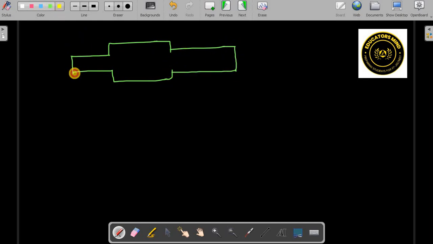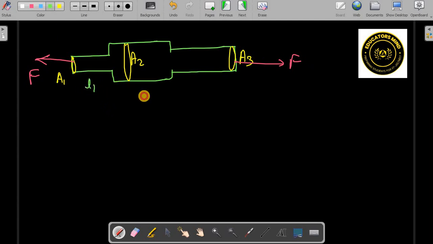Okay, so let's say this cross section is A1, this cross section is A2, this cross section is A3. Different cross sections are there, and you have applied some force, some load or some force is applied. Some elongation will happen, and let's say its length is L1, this length is L2, this length is L3. Its Young's modulus is Y1, Y2, Y3.